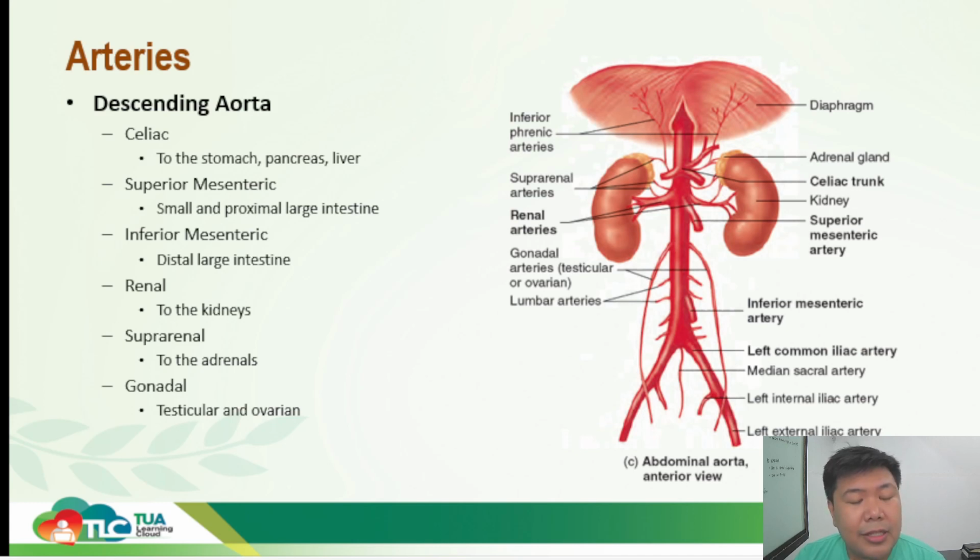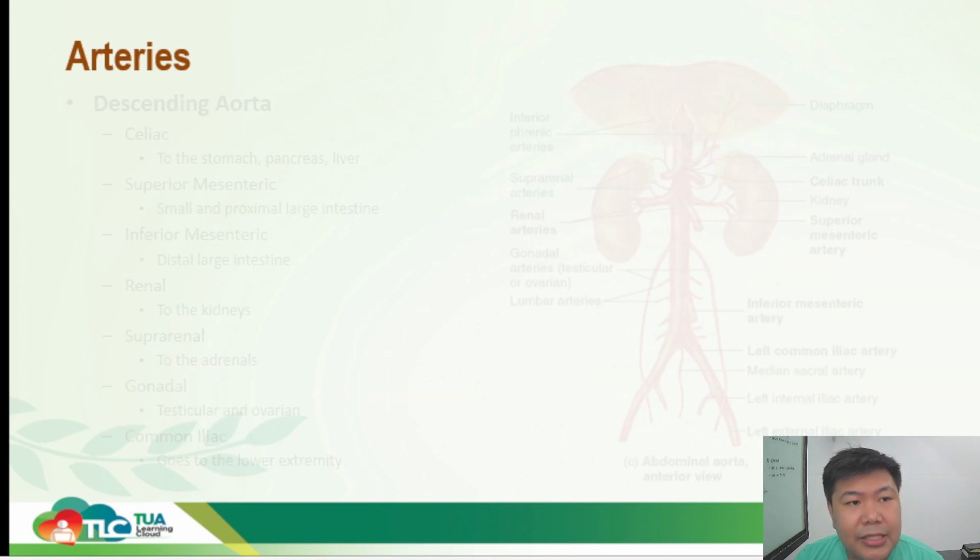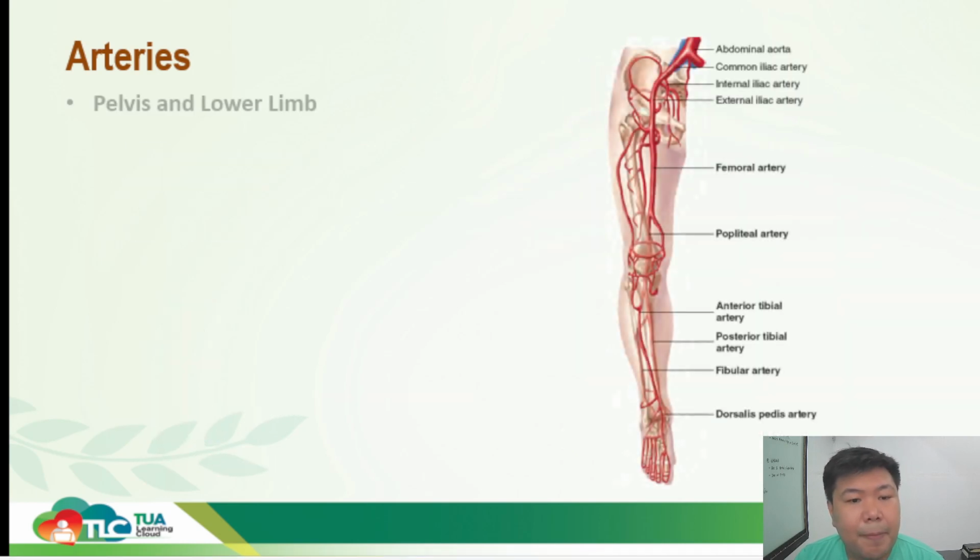And lastly, we have your common iliac, which is the division or the branching out of your abdominal aorta into two. So here we have the right common iliac, and here we have the left common iliac. Those two main vessels go to the lower extremities, which brings us to the lower extremity.